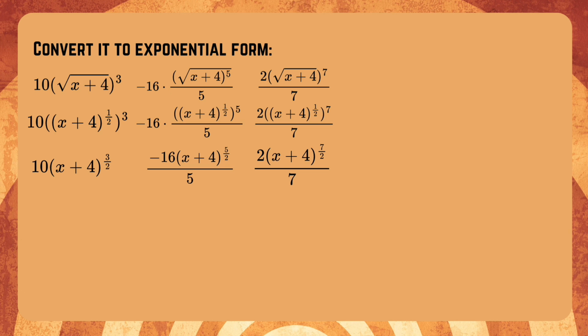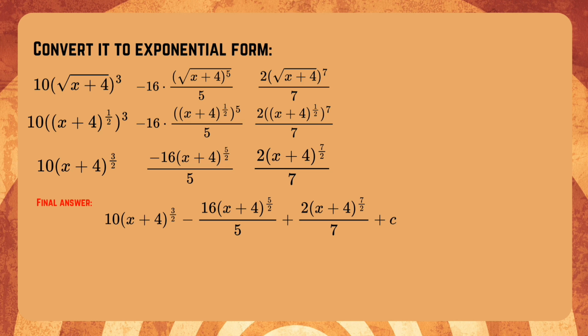Then, negative 16 times the quantity of x plus 4 raised to 5 over 2 over 5. Then lastly, 2 times the quantity of x plus 4 raised to 7 over 2 over 7.